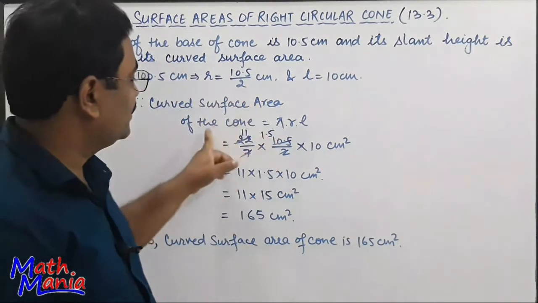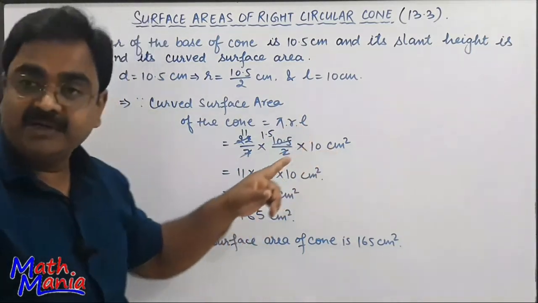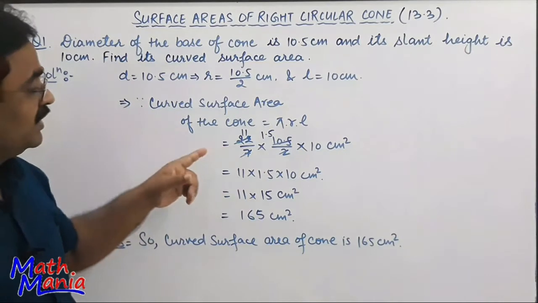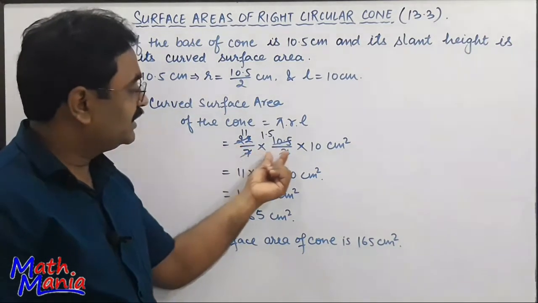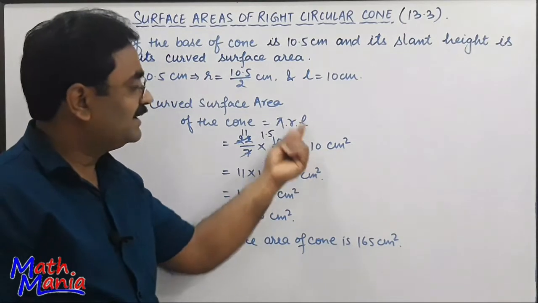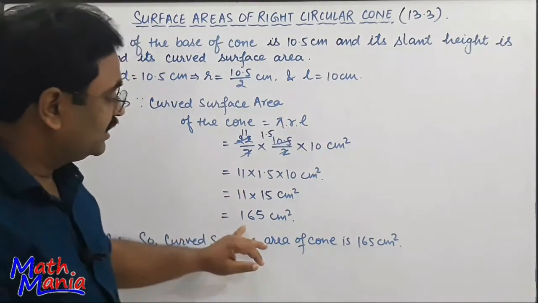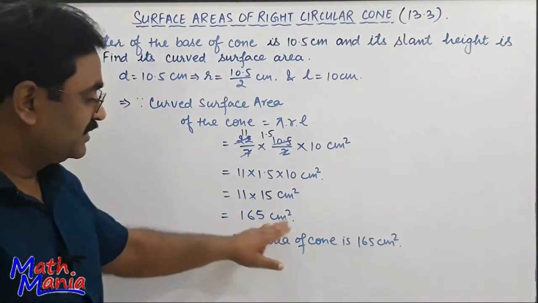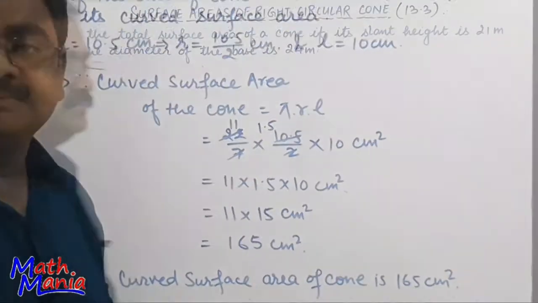The curved surface area of the cone is pi r l, as we have discussed in the introductory part. So substitute the value of pi, which is 22 upon 7, radius 10.5 upon 2, and slant height is 10 centimeter square. After simplifying, we got 165 centimeter square is the curved surface area of this cone.